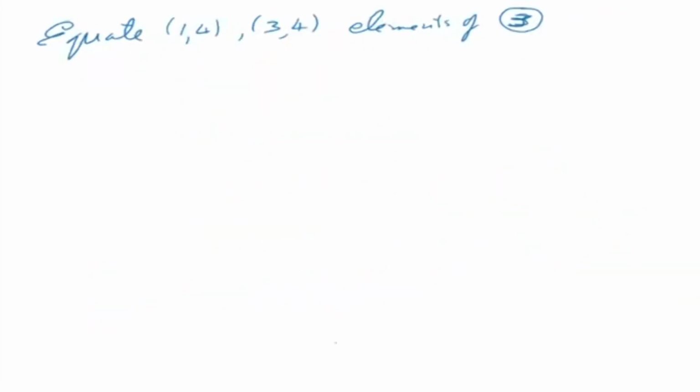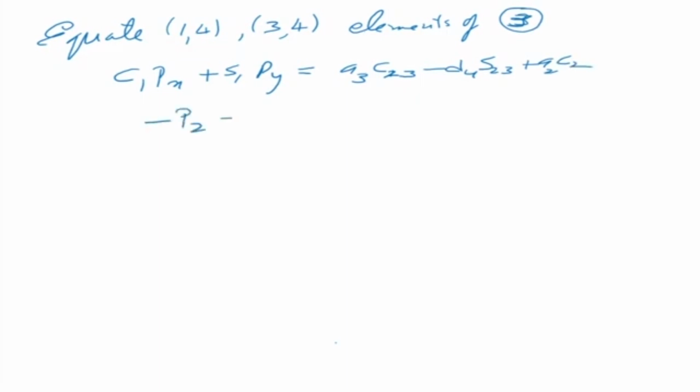What we are getting is c1 px plus s1 py is equal to a3 c23 minus d4 s23 plus a2 c2, and the second equation we get is minus of pz is equal to a3 s23 plus d4 c23 plus a2 s2.